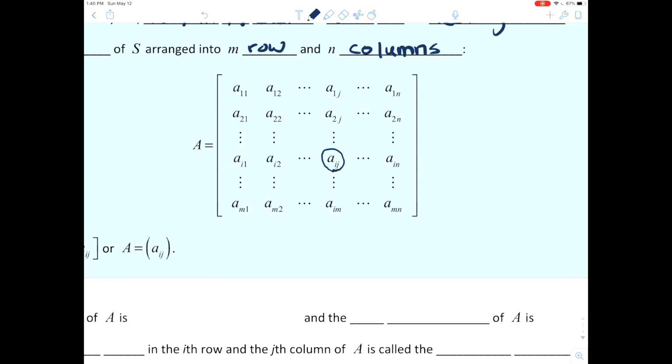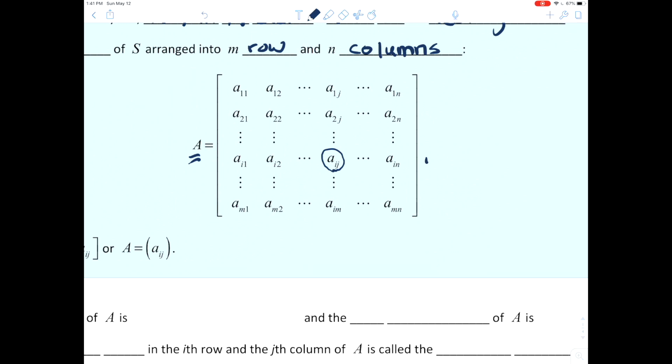Since this matrix is named A, we have lowercase a sub ij. So when you think about the entry a_ij, the i represents the row that entry is in, and the j represents the column that entry is in.